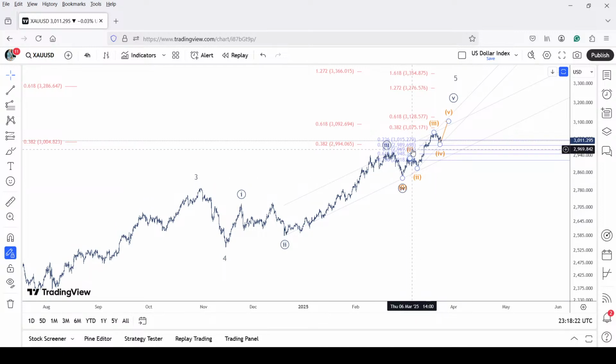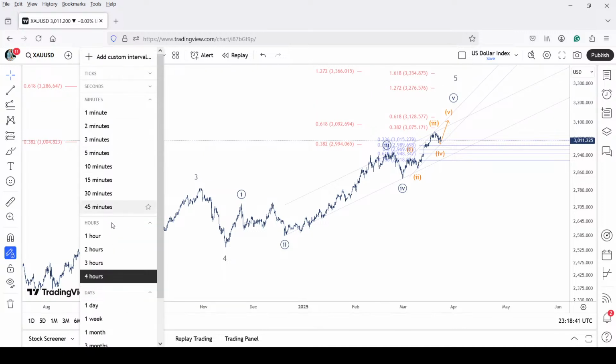So we've got orange 1, 2, 3, potential 4 and 5. By the time orange 5 completes, it would also complete circle 5 Roman and minor wave 5 as well.